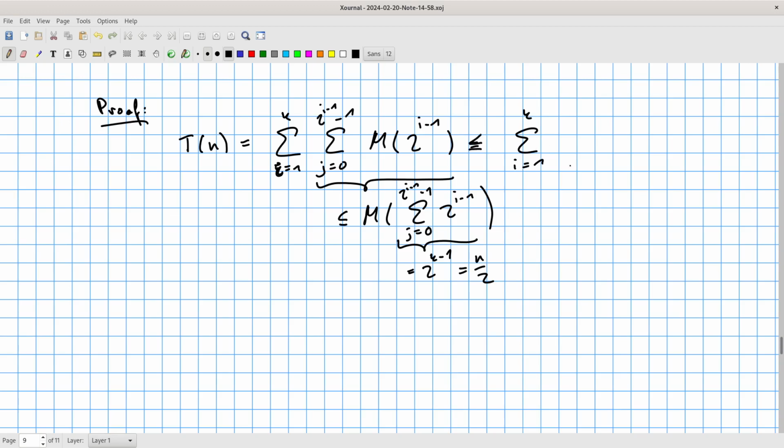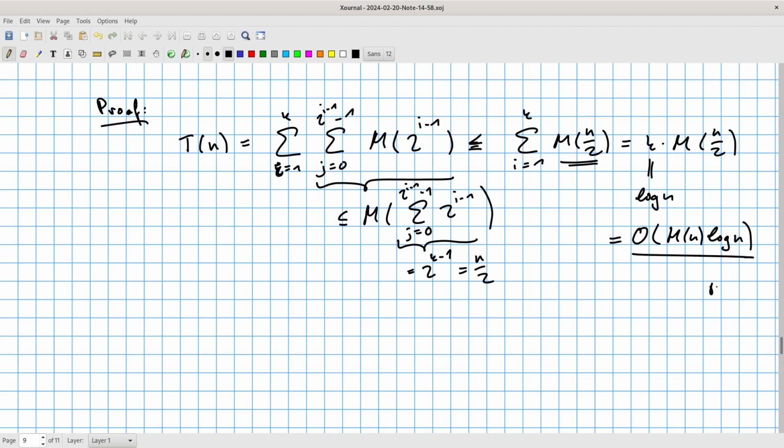It's bounded by this, M of n half. Okay, but so this doesn't depend on i anymore. So this is really just k times M of n half, and k is log n. So altogether we are done. This is O of M of n. The half doesn't matter. It's eaten by the O, and then log n. That's what I claimed.